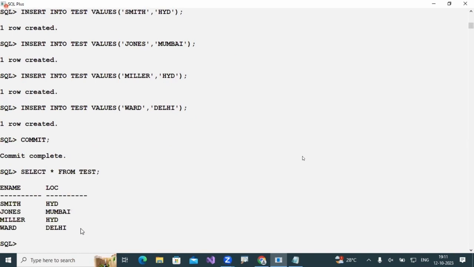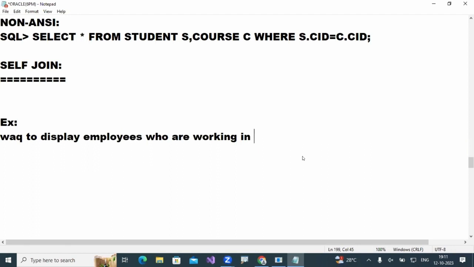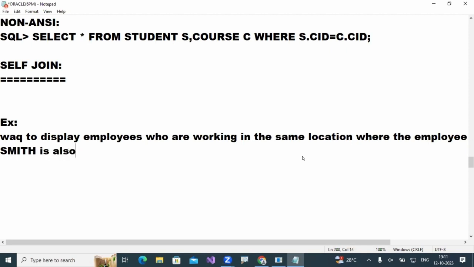Clear? On this table, I will ask one question. Observe the question carefully and give the response. My question is: write a query to display employees who are working in the same location where the employee Smith is also working.